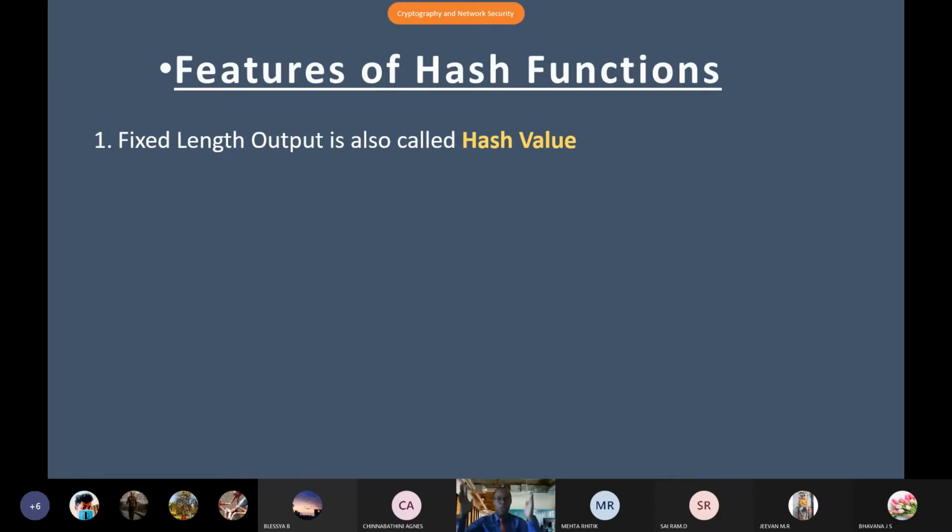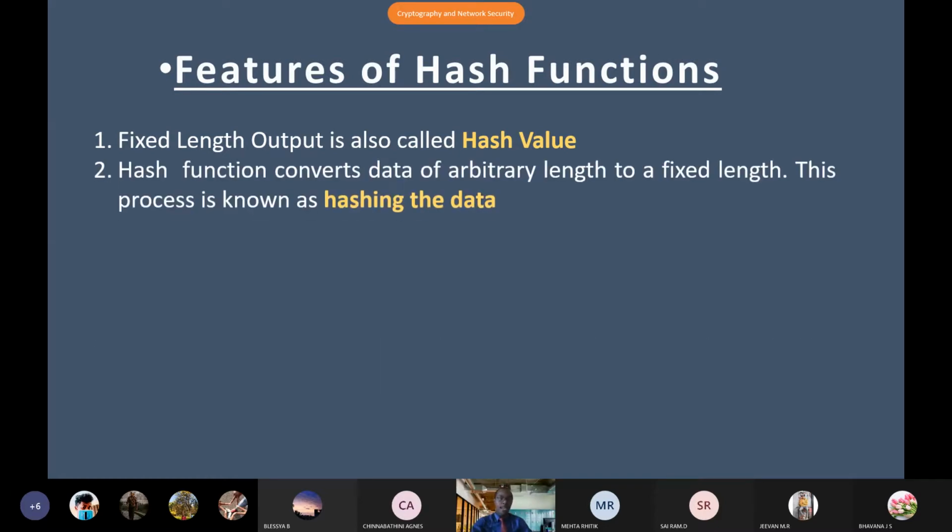So the output should be fixed, and the output is known as the hash value. The function which takes input and converts it into the hash value is known as hashing the data. That process is known as hashing the data.